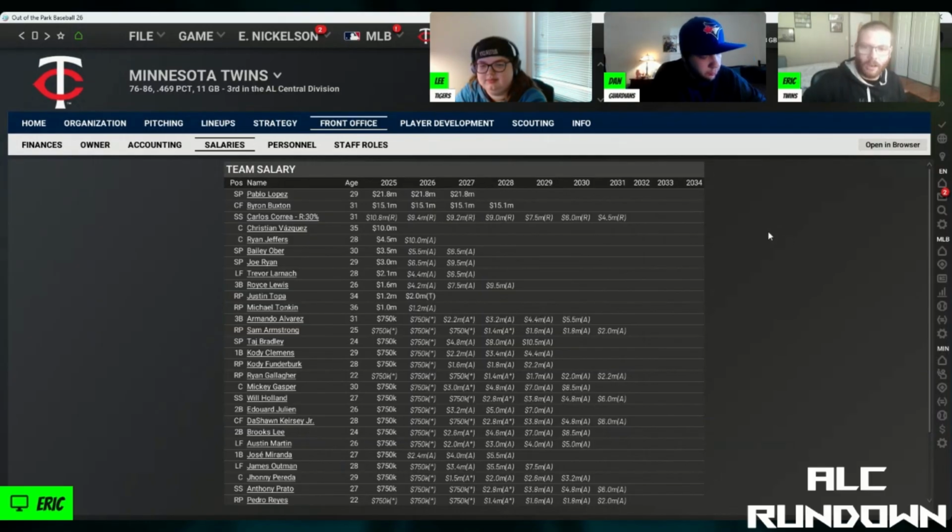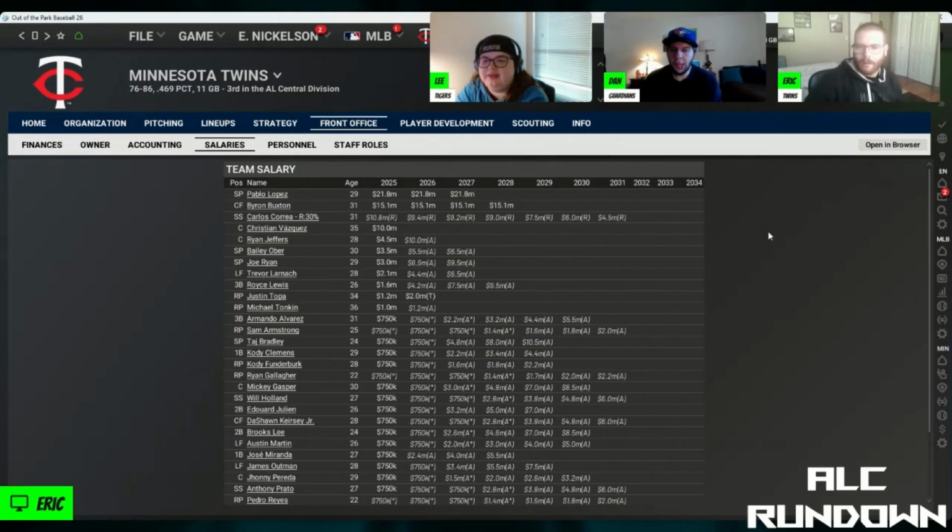Pablo Lopez making basically $22 million, and Byron Buxton making 15.1. Byron Buxton has a no trade clause in his contract. He's said pretty adamantly he's not going anywhere. He is a Twin for life, and I have a feeling the Minnesota Twins are going to challenge that as much as they can, but we'll see.